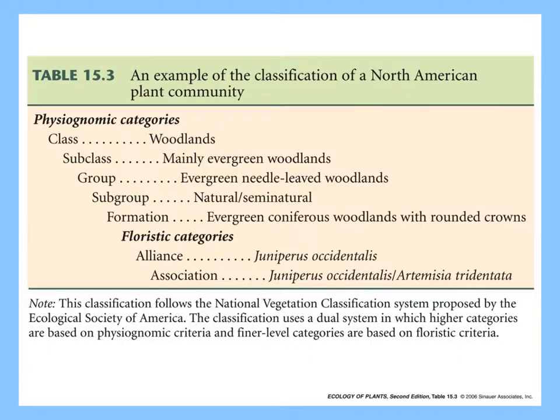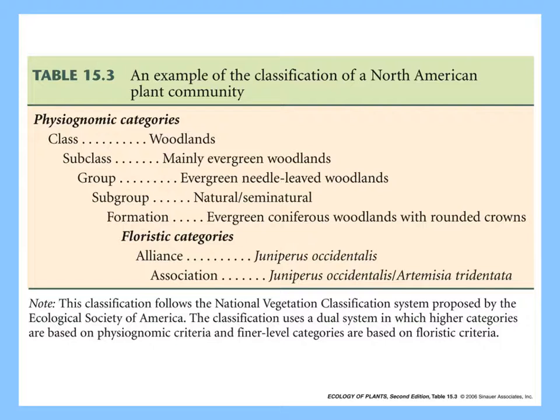From our textbook, we can see this table, an example of a North American plant community and how it's classified. Starting with how it looks, those physiognomic things come first, and then later the finer categories are broken down by the actual species that are there.